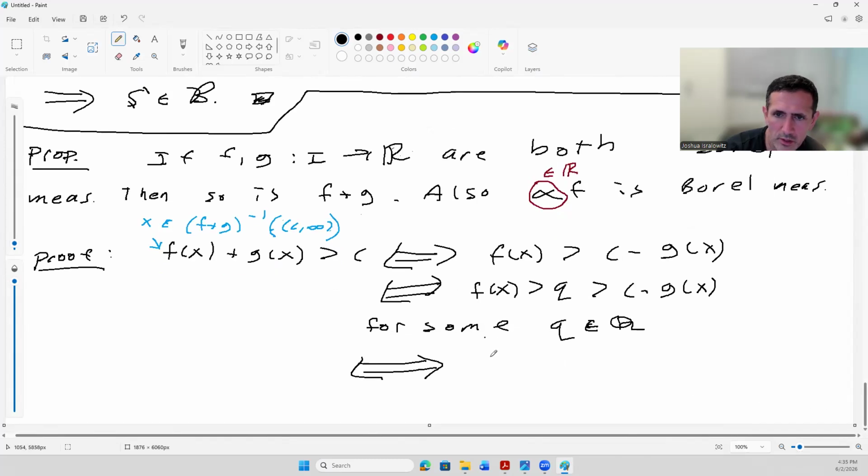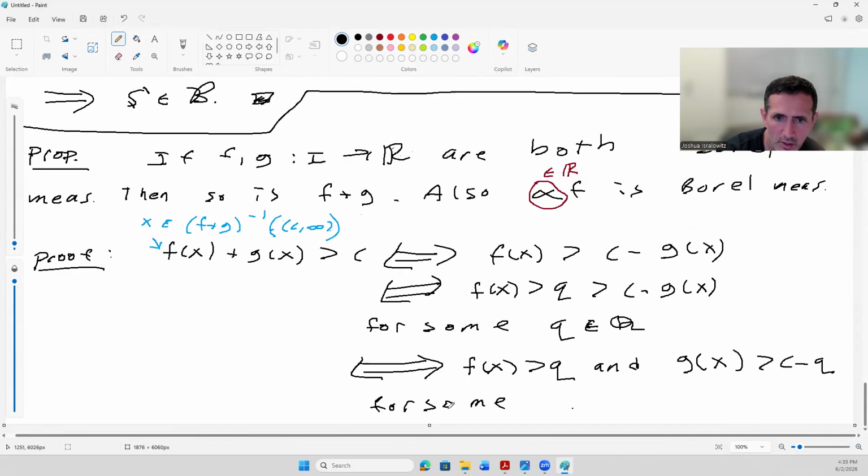That is true if and only if f of x is greater than q and g of x is greater than c minus q, for some q. As usual, I'm just bringing g of x over, bringing q over.